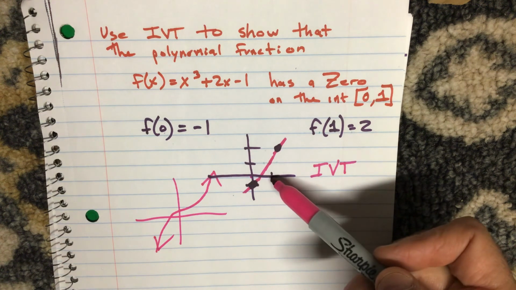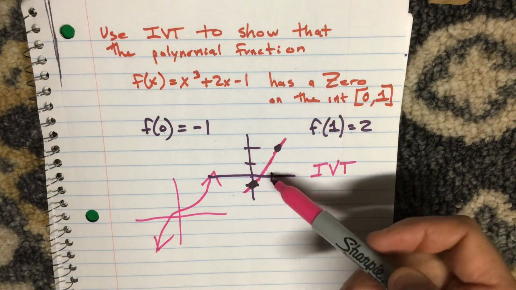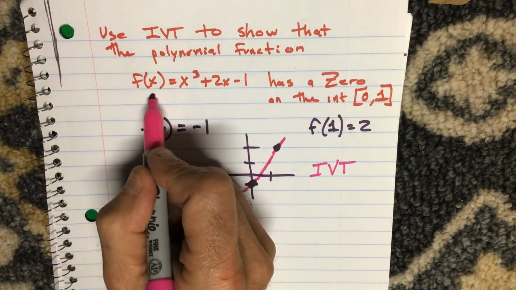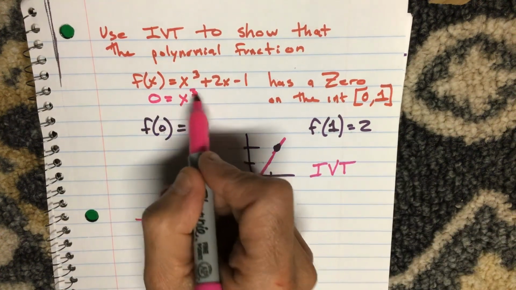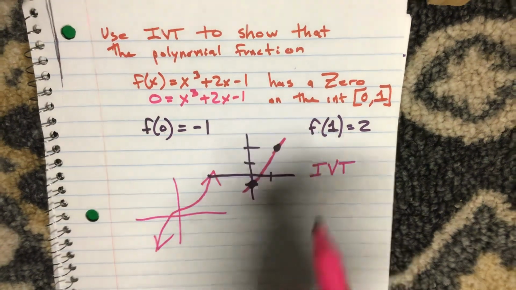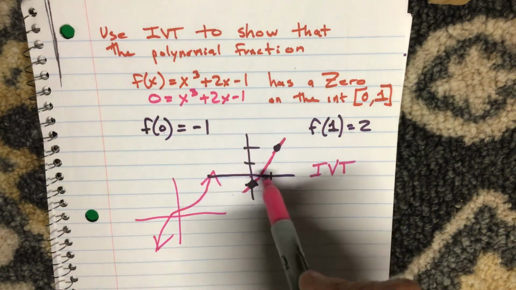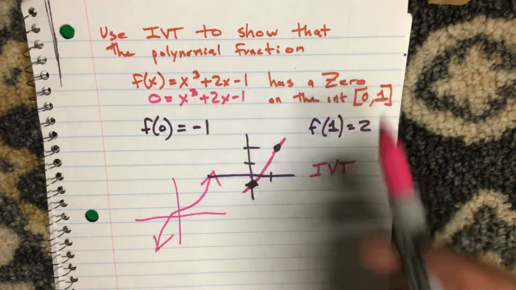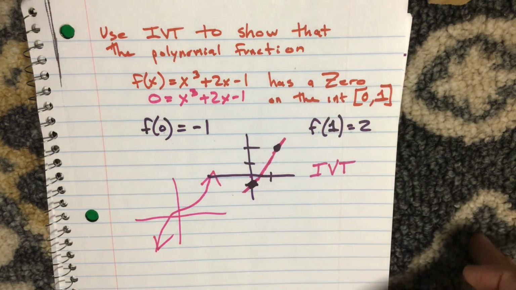It doesn't tell us what that value is. If I wanted to know when y is 0, I would have had to set this equal to 0 and then solve. And that would tell me what that value is where it crosses. But for now, we're just asked to use IVT to show that the polynomial function has a zero. And that's an application of the intermediate value theorem.